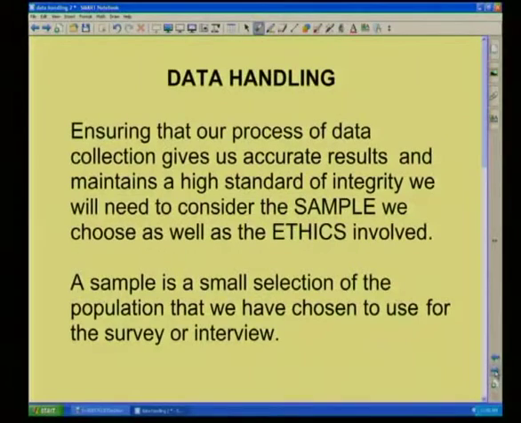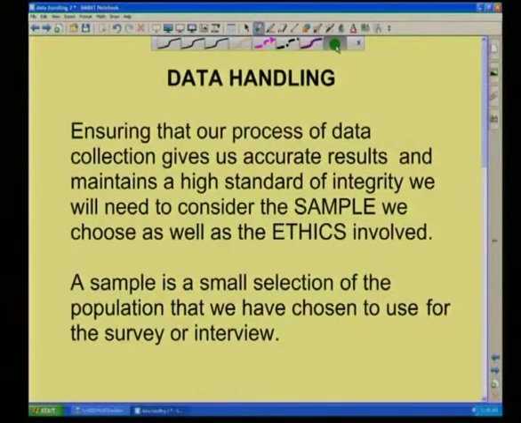Now there's more to this process of collecting data, because we must ensure that the process gives us an accurate result. Remember, it's no point collecting data if we're not going to be accurate. People who have inaccurate data will not get very good results when they're actually trying to do something from the information that they've gotten.